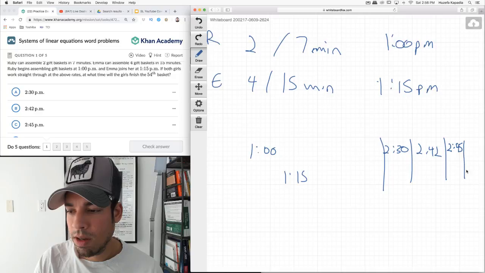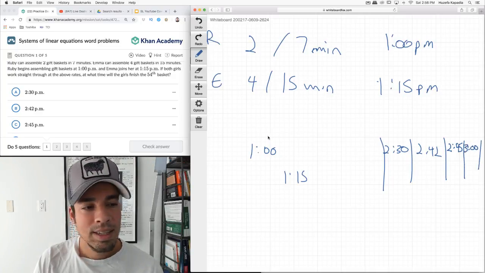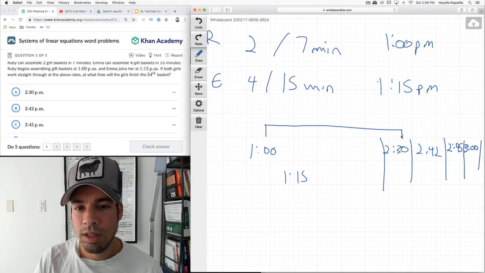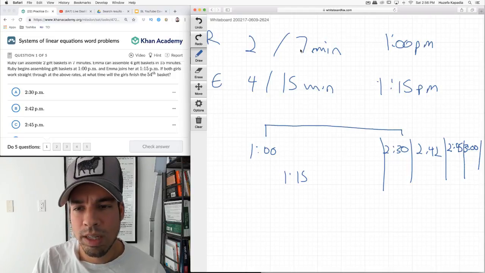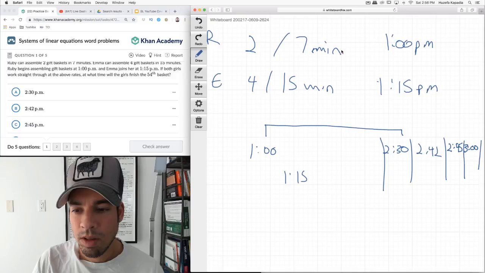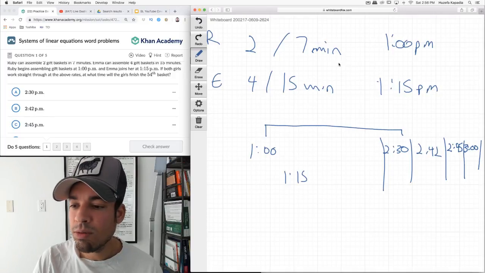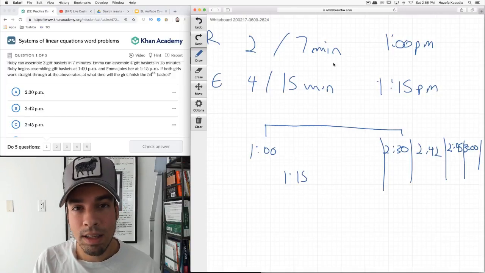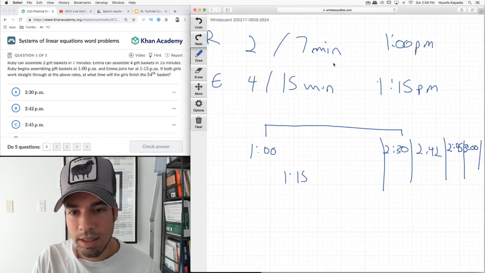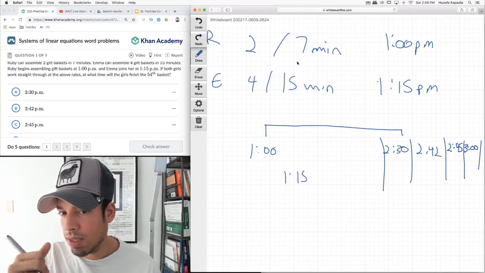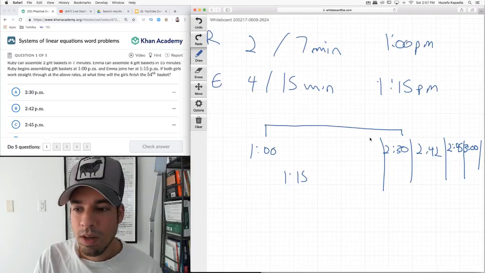So in this case, up to 2:30, I almost want to get rid of this one because this is 60 minutes, this is 90 minutes, which is not even divisible by 7, which doesn't necessarily mean anything. It still could be the right answer, but I'm not crazy about that idea. I'm feeling like it should be something divisible by 7. Maybe that's wrong. So 90.